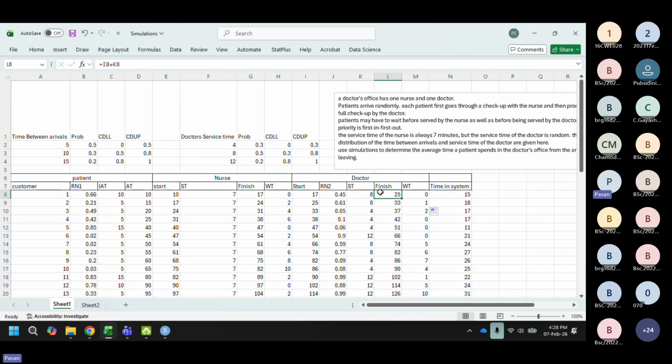So that is the first customer. The first customer came in at time point 10 and goes out at time point 25. That means the first customer's service time is 15 minutes, and the first one will stay in the system for 15 minutes.